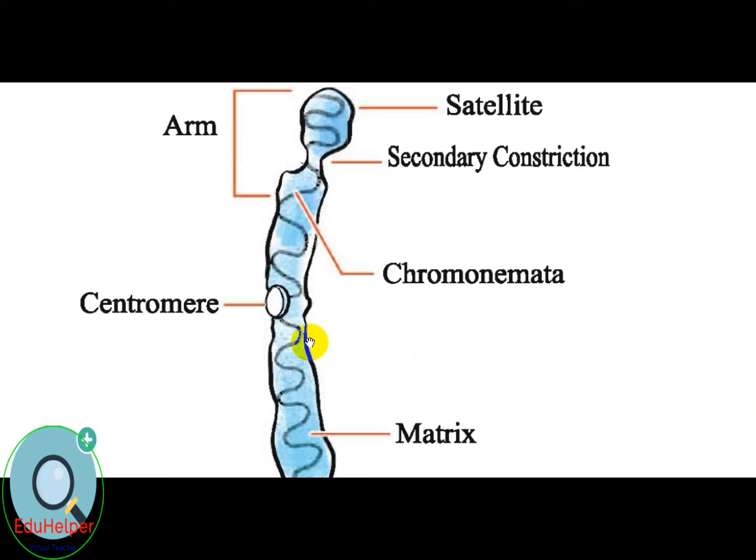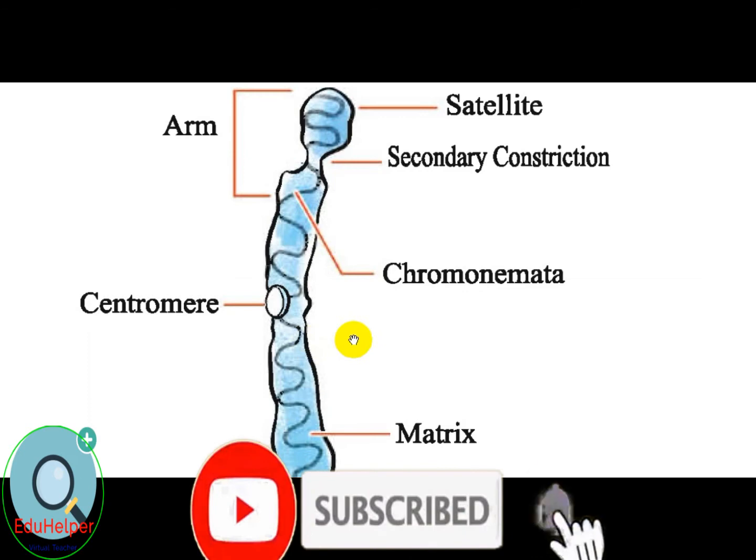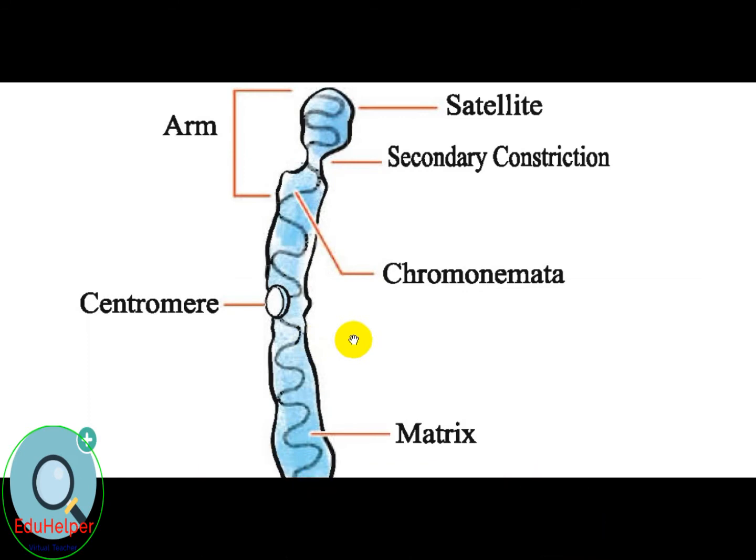Modern scientists do not recognize this structure because of its non-appearance under the electron microscope. The matrix, or ground substance, of the chromosome is made up of protein, small quantities of RNA and lipid. Electron microscopy also does not reveal this structure.